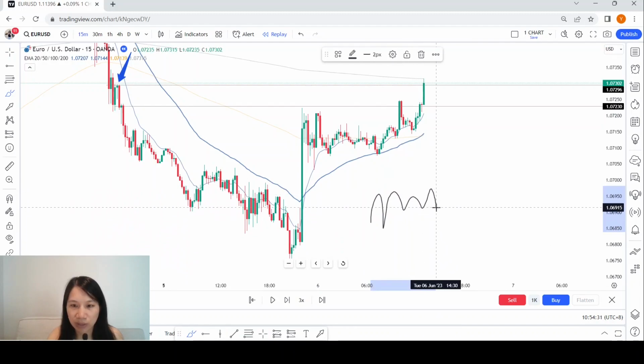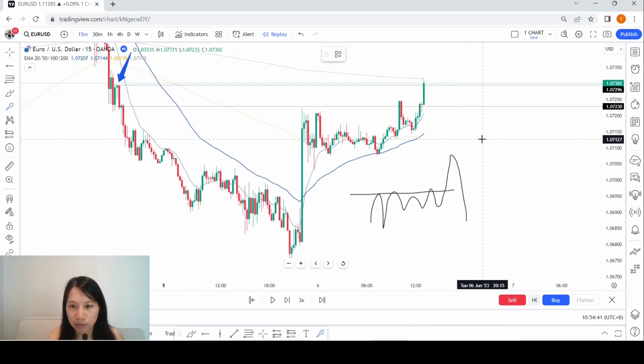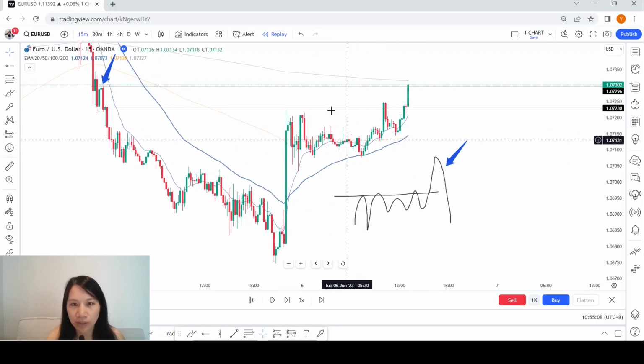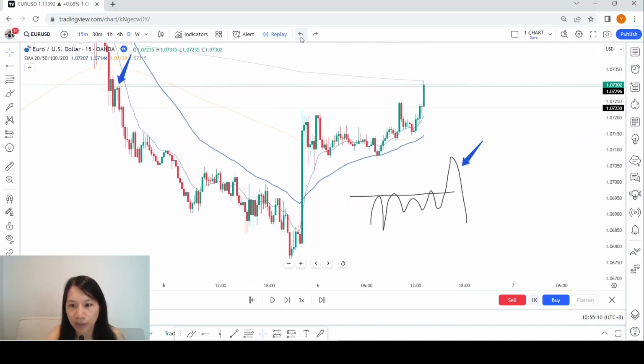So what I'm expecting is to break this chop, kill all these stop losses, then I'm expecting to enter here. You see the market from last night's London close, there's no more momentum. That's why the candles are very small and going nowhere.